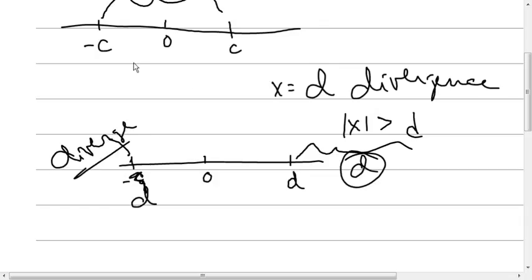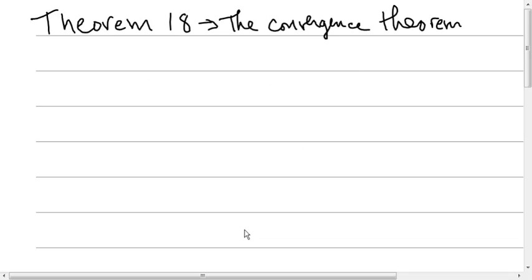Okay, so that's basically Theorem 18, and it's going to work into the idea of a radius of convergence for a power series. We've talked about the convergence theorem now.